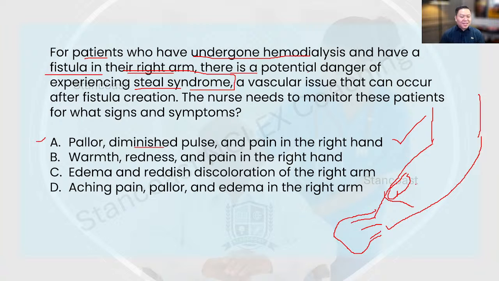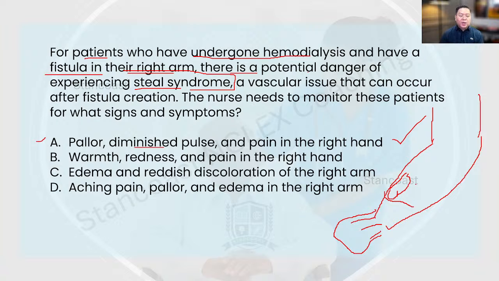So if you answered letter B, warmth, redness, and pain in the right hand, what do you think? Well, if you're going to pick warmth and redness, these symptoms actually will indicate inflammation or infection, but are not specific to arterial steal syndrome.